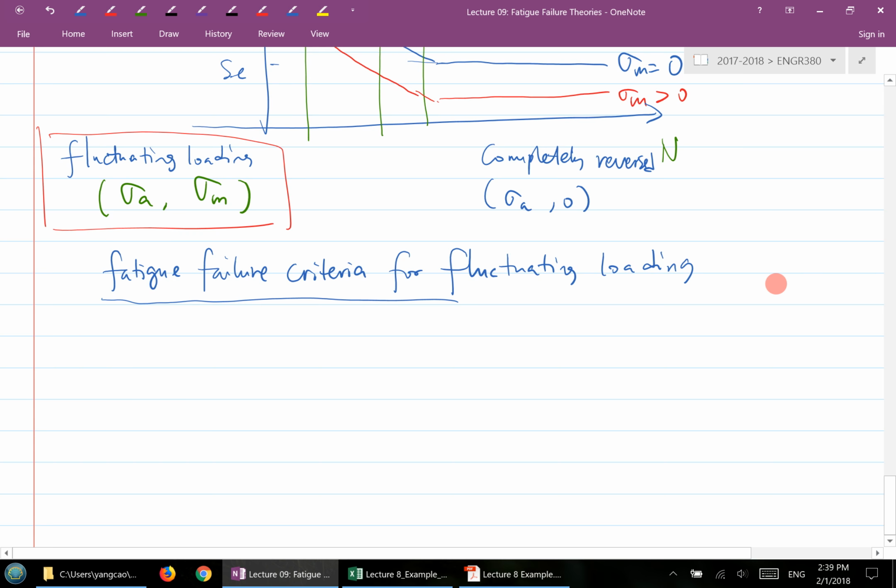So let's say, for example, you fix your sigma m equal to 100 ksi, just hypothetically speaking. Now you try sigma A equal to 50, for example.